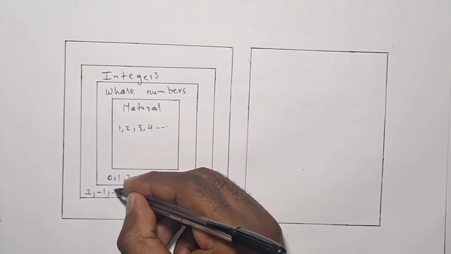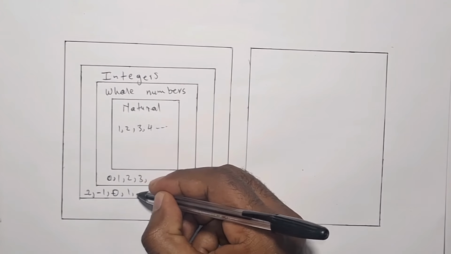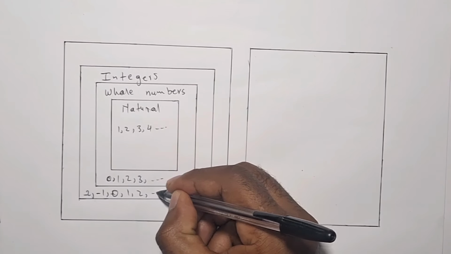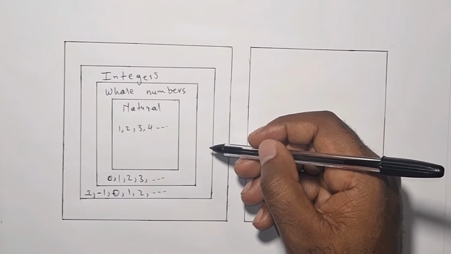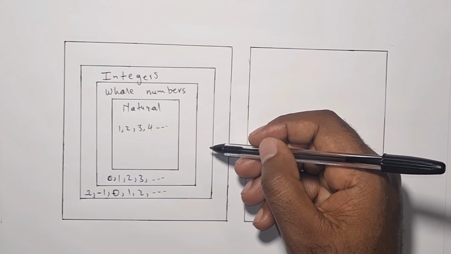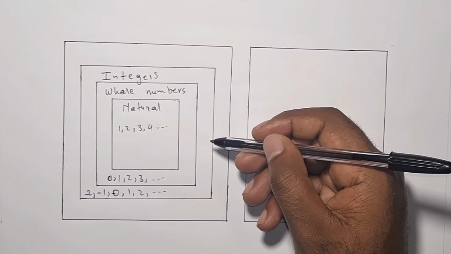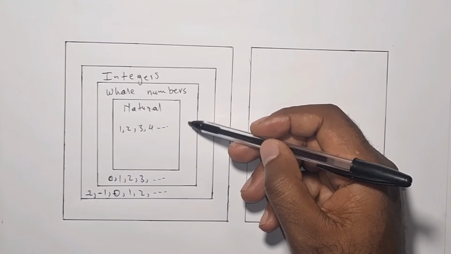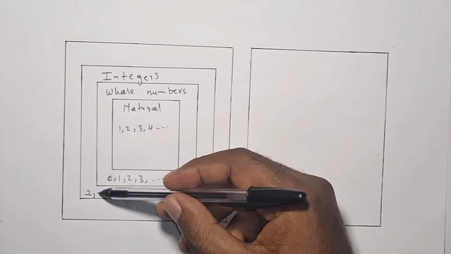And once again, integers do not include decimals or fractions. From the previous two, we can see that natural numbers are also integers. But looking at integers, it is just whole numbers and their negative counterparts.